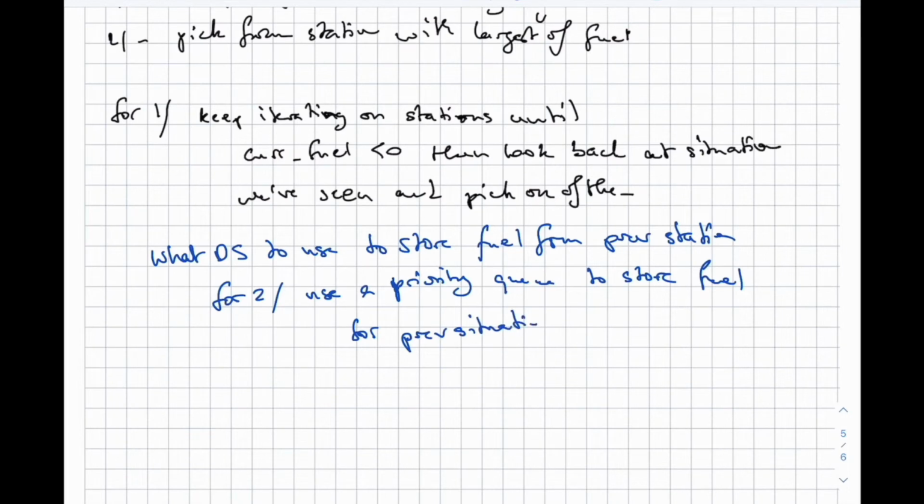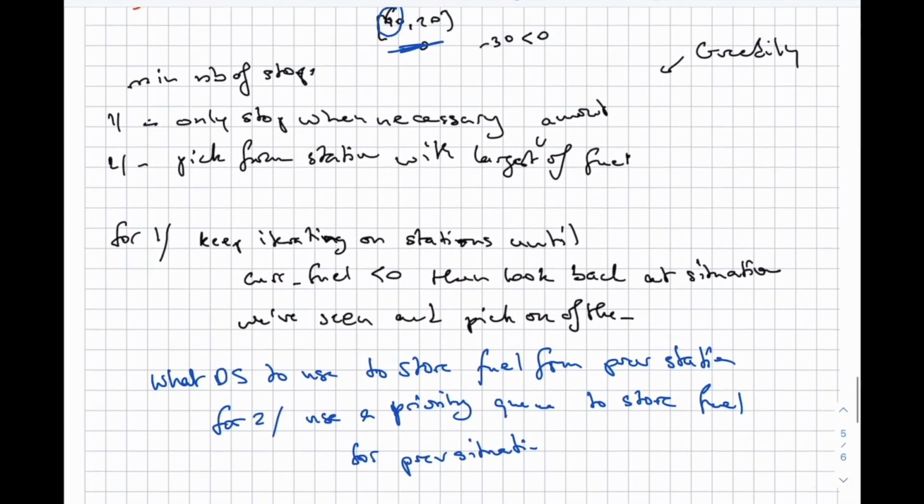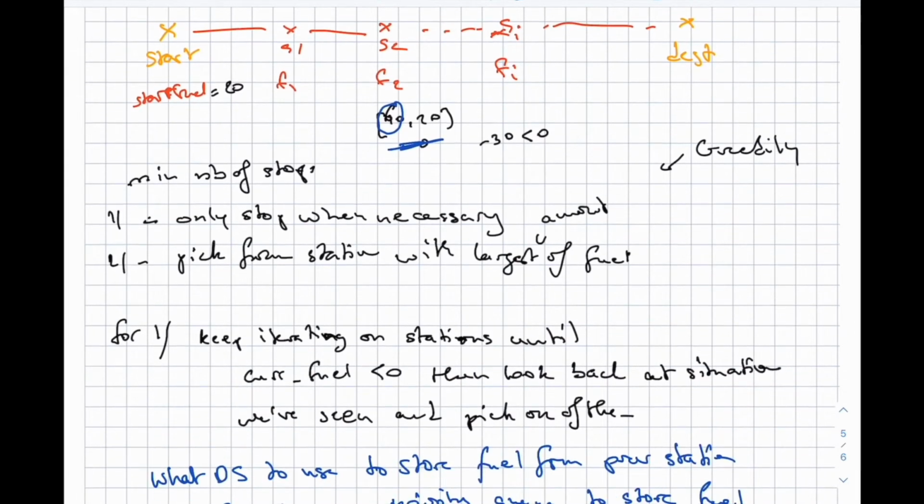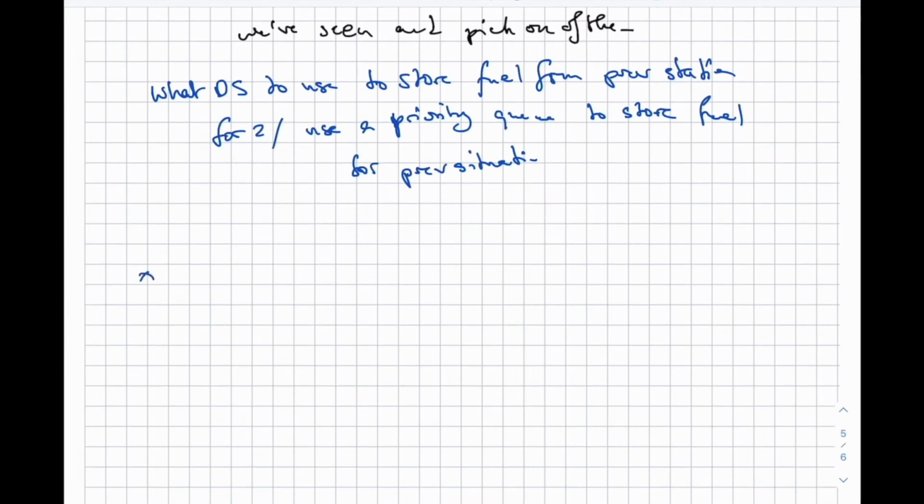And that's pretty much the bulk of the idea of what we want to implement. Now, one thing though is, what if, let's say we have start here, and then we have S1 that is 10 miles away and has 10 fuel, and we start here with 20. And then we have S2 that is 10 miles away and has 50.